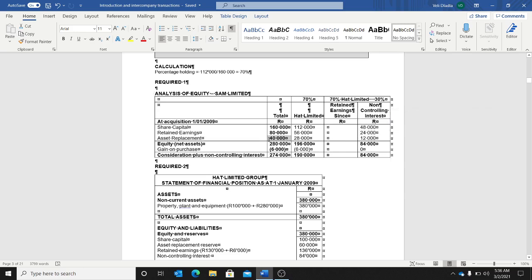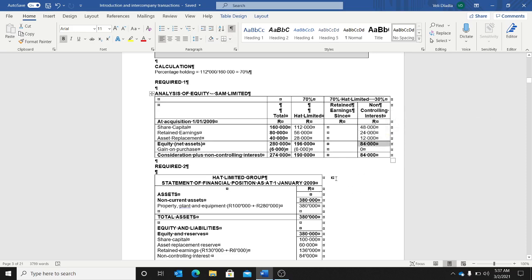This one, multiply by 30%, you get this one. Then, after doing that, you add everything. 112 plus 56 plus 28 is 196. Then 48 plus 24 plus 12 is 84.